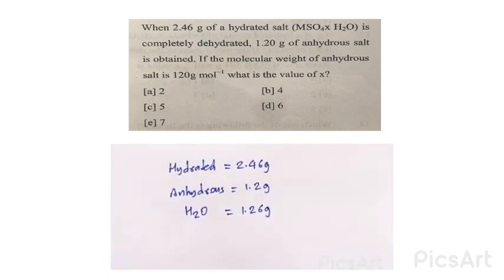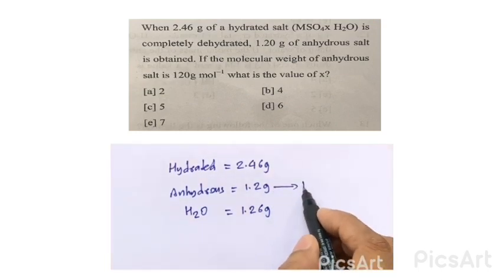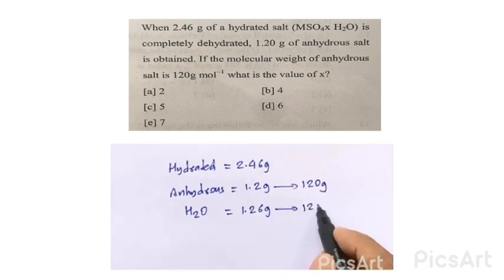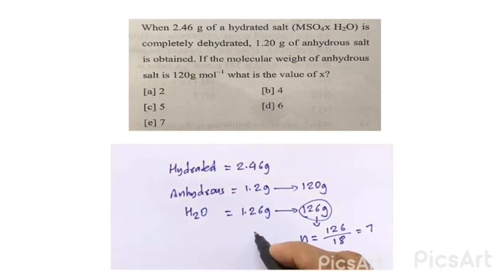But the molecular weight of the anhydrous salt is 120. So if it is converted to 120, it will convert to 126 gram. It will be the mass of H2O in the compound. So we can simply determine the number of moles of water, 126 by 18, that will be 7. So our option E.